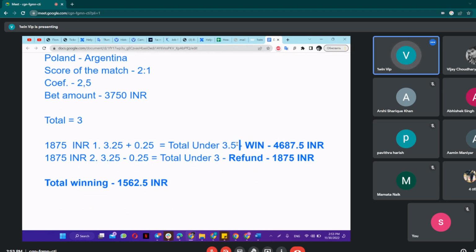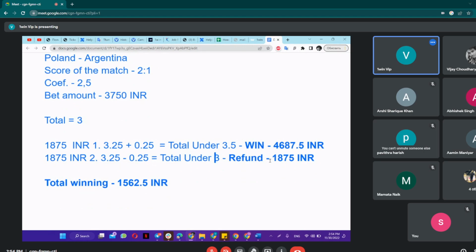So to win under 3.5, we should have less: 3, 2, 1, 0. The total of the real match is 3, which is under 3.5, which is less, which means we will win, because we bet that it will be less, and it became less. Total under 3 is a refund: as you remember, same digits, 3 and 3, always refund.